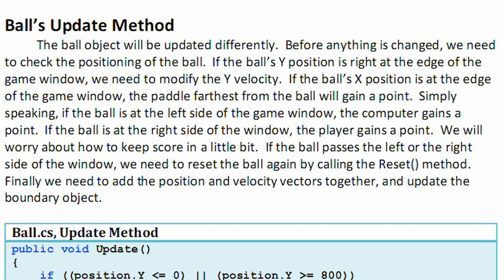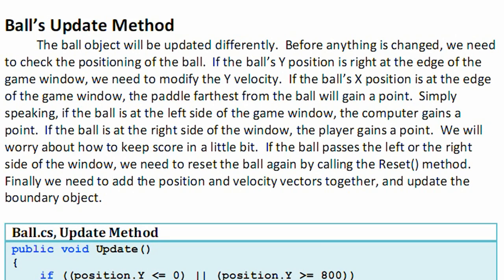Now if the ball's X position is at the edge of the game window, like it is at my mouse pointer, if it's at the left edge, or if it's at the right edge, the paddle closest to the ball loses a point. So the paddle farthest from the ball gains a point.